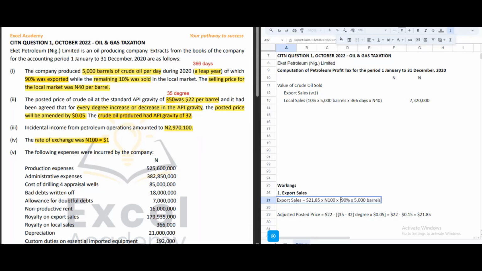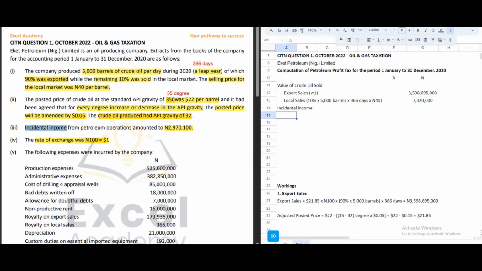The 5,000 is per day, so we multiply by 366 days. So that's how much? This is 3,095,695,000.